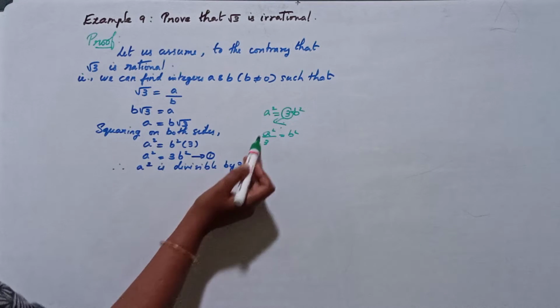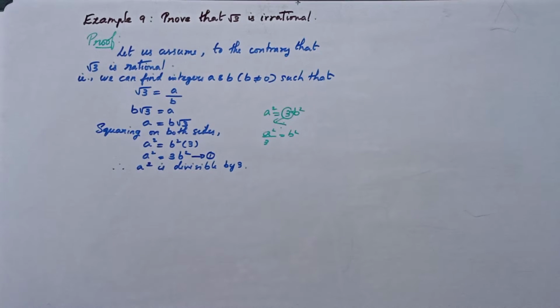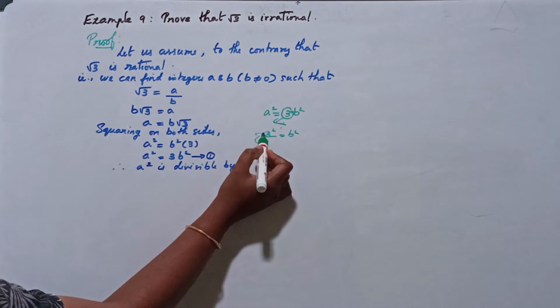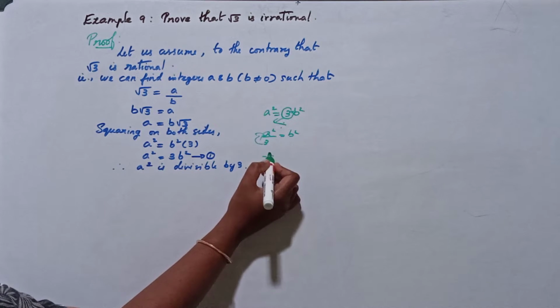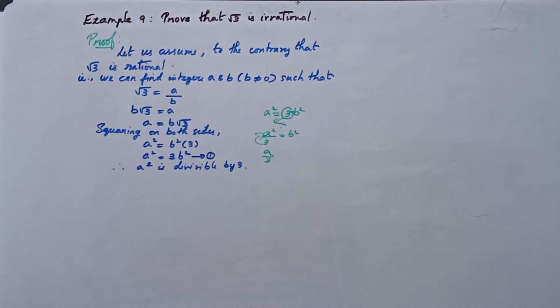See, 3 divides a square. That is what we can get from this equation, right? So if 3 divides a square, then definitely 3 will divide a also, right? That is the thing which we can get from this.